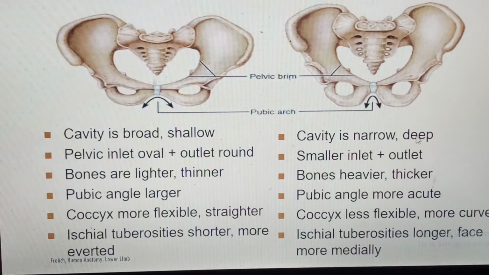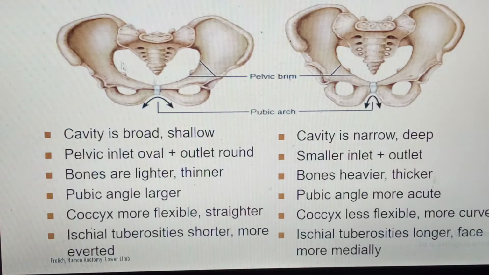So having seen generally what this pelvis is about, we have to be able to distinguish between the male and the female bony pelvis. Now this time, bony pelvis, not just the pelvis alone. So as we can see, in the case of the female, there's going to be a broad pelvic cavity.